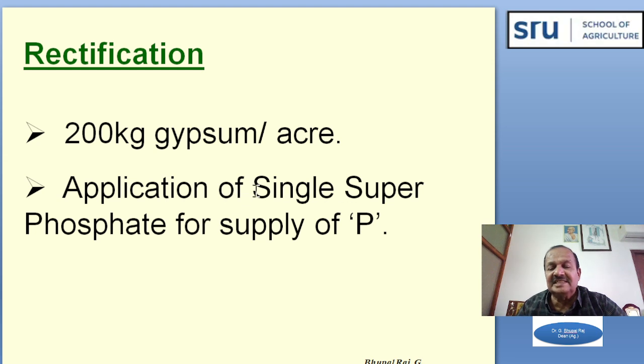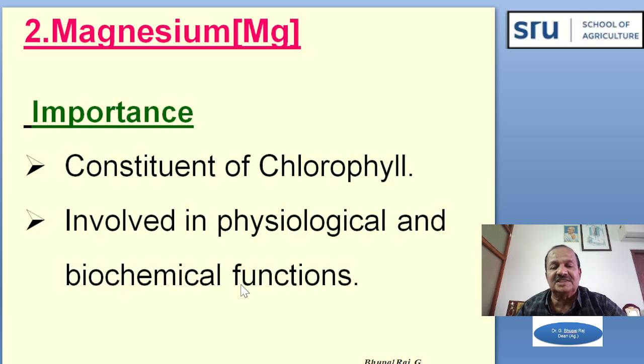It contains 16% phosphorus, P2O5, and in addition to that, it contains calcium, that is 18 to 21%, and also sulfur 11 to 12%. This is the best source for the three nutrients. In addition to this calcium, phosphorus, and sulfur, it also contains small quantities of the micronutrients like zinc, copper, iron, and manganese. So this is the best source of the phosphorus fertilizers among all the phosphorus fertilizer sources.